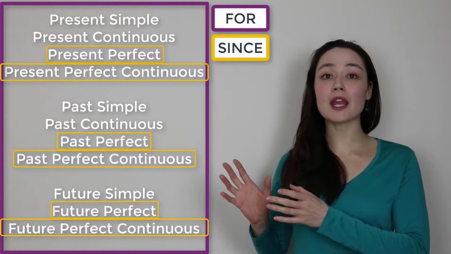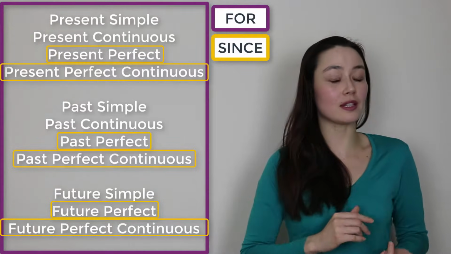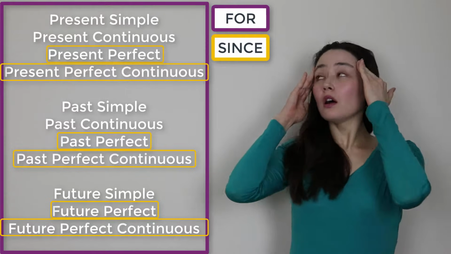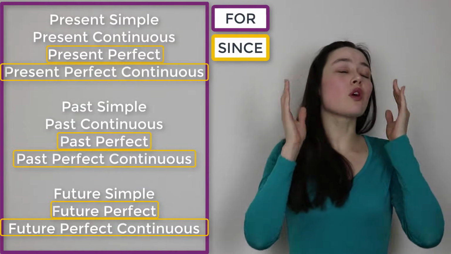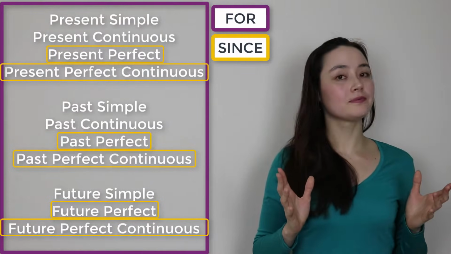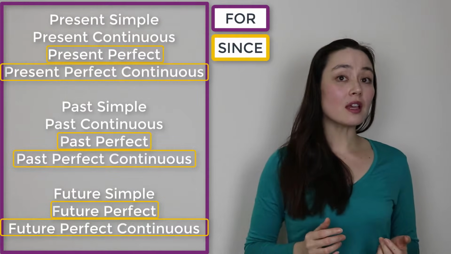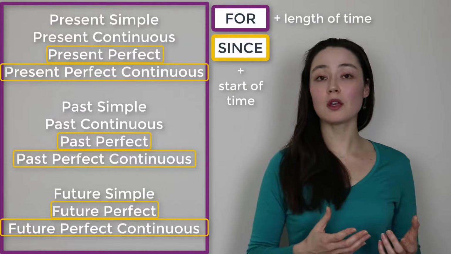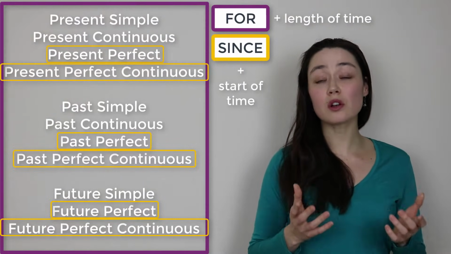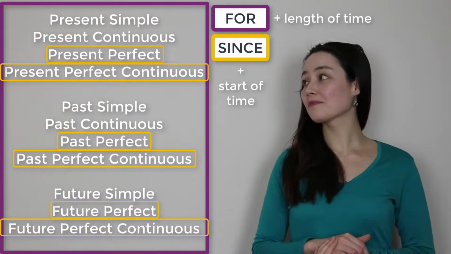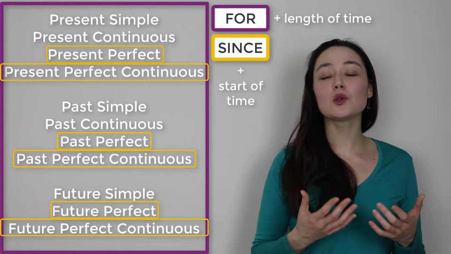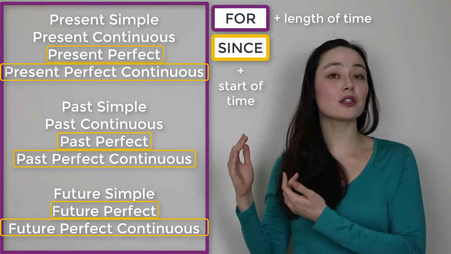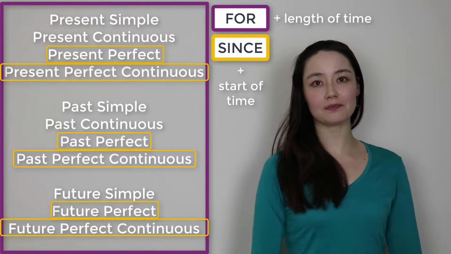It's the most common and most natural way to use since. Now, I don't want you to think, oh my goodness, there's so many tenses for me to learn. If you always think for plus length of time, since plus start of time, you will always use those words correctly. As you're learning English, you will become more familiar with the tenses and you will eventually understand all of them.